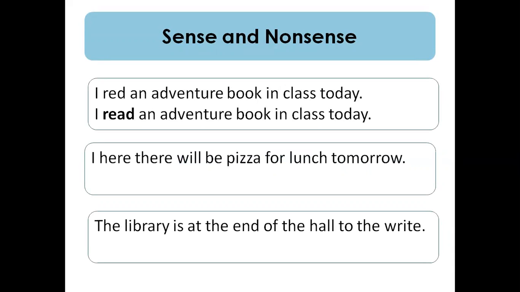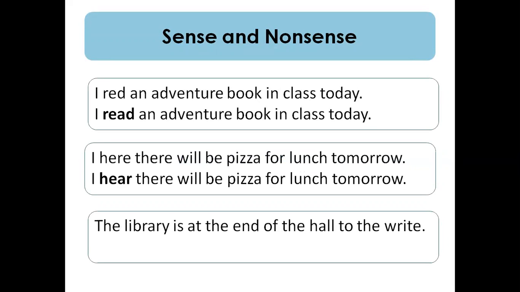The second one we'll look at: I hear there will be pizza for lunch tomorrow. Can anyone identify the homophone word in that sentence? Here. Here, correct. I hear there will be pizza for lunch tomorrow. Hear, like you're listening, you're hearing. And lastly, the library is at the end of the hall to the right.